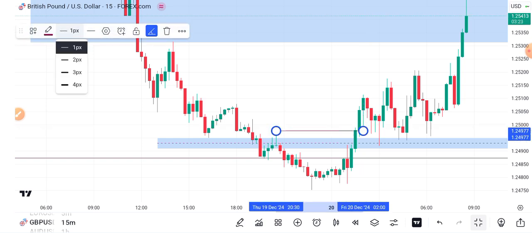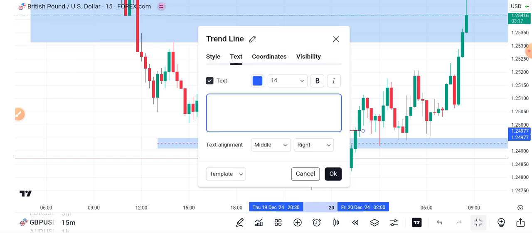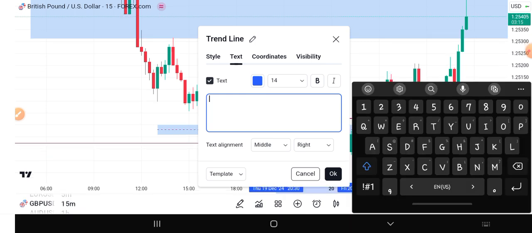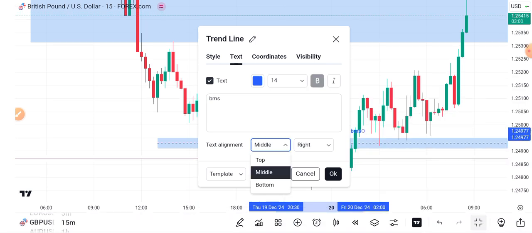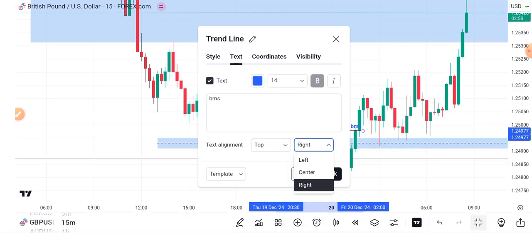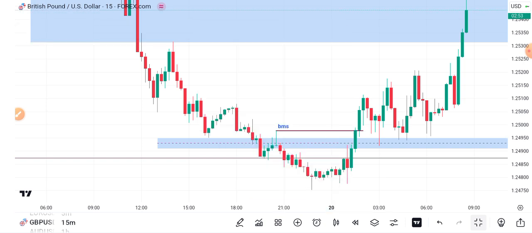These are clear things that ICT teaches. So this is a clear BMS which is visible on the 15 minutes time frame. This is a BMS.